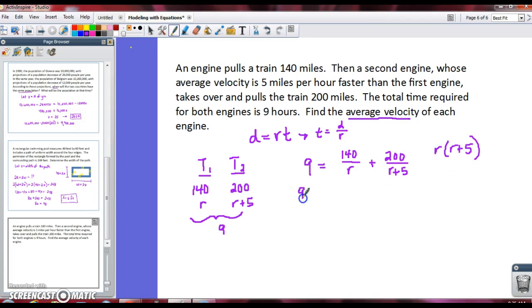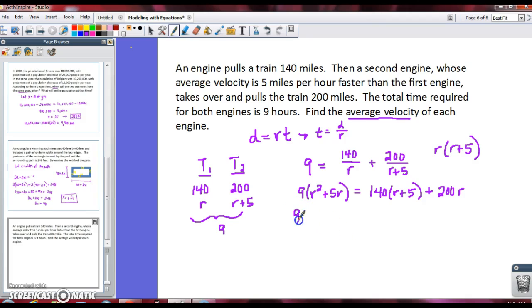If I do that, I have 9 times r squared plus 5r. Here my r's cancel, so I'm left with 140 times r plus 5. And then I have 200 times r, because here my r plus 5's cancel out.